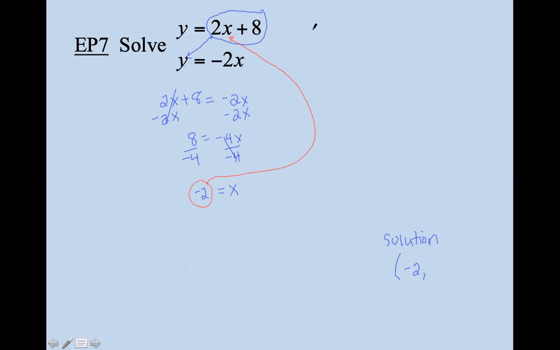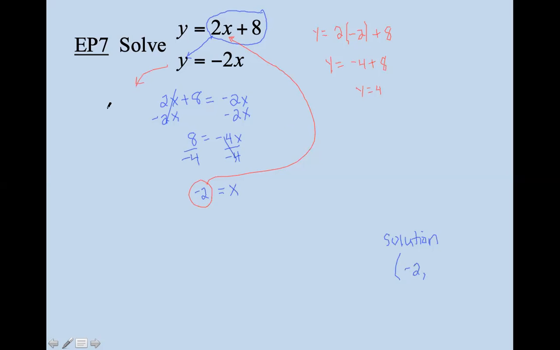So let's see, our y is equal to 2 times, we said our x value was -2 plus 8. So our y is equal to 2 times -2 is -4, and -4 plus 8 is equal to a +4. Notice I would have gotten the same answer if I had plugged it in here.